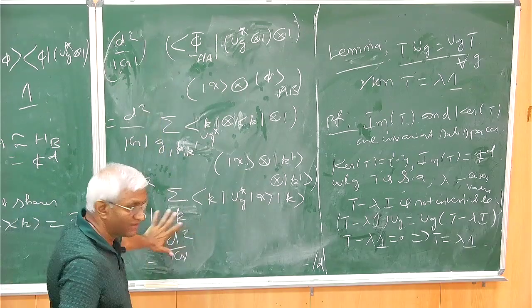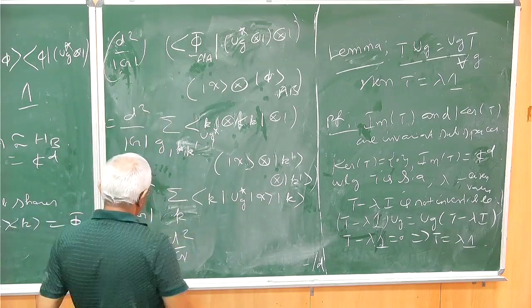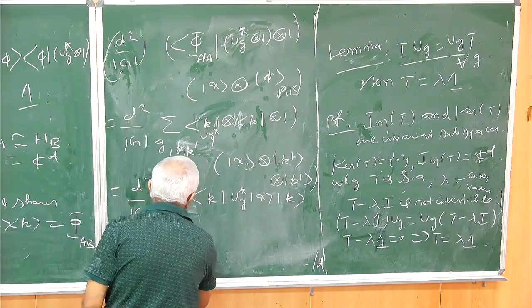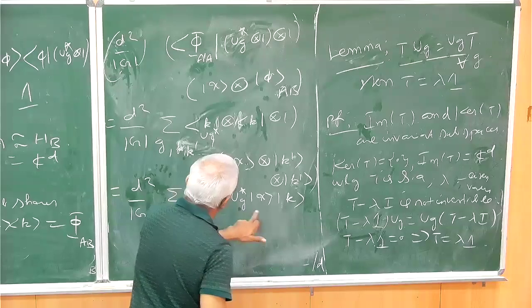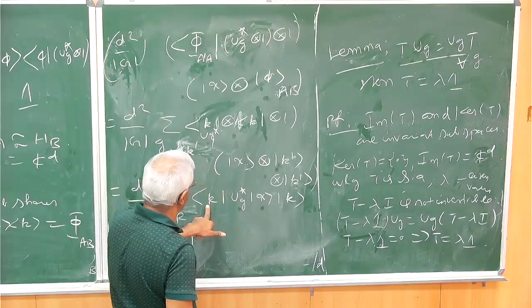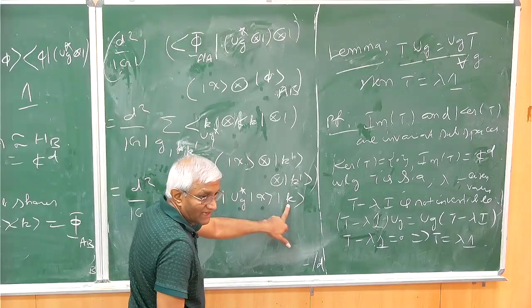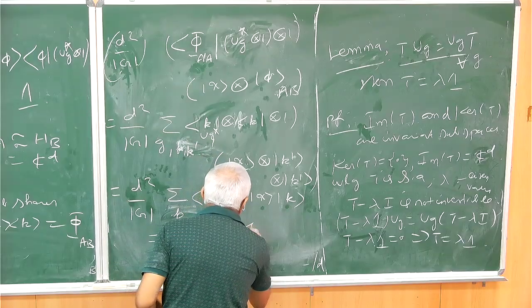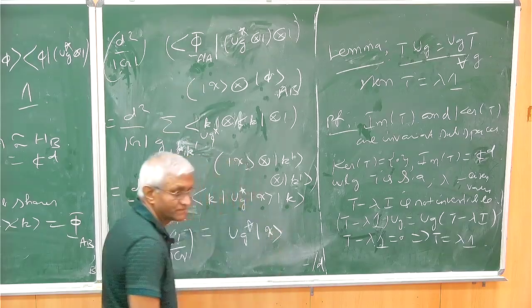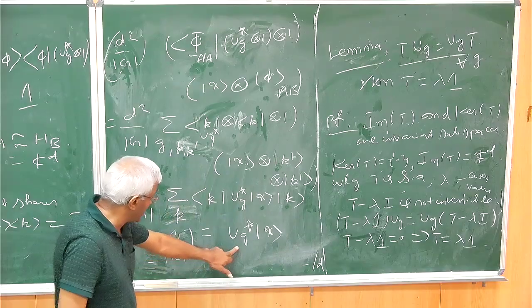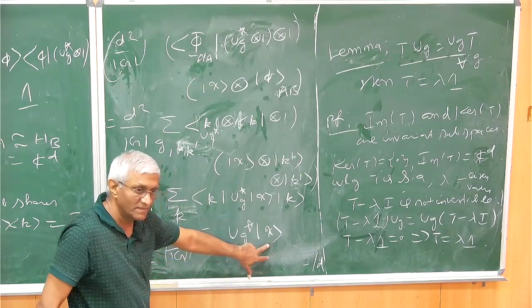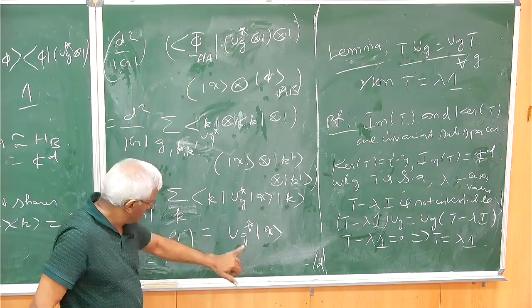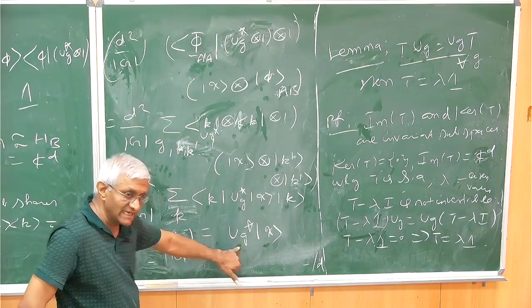We are only calculating this state. This will be 1 by g only, whatever. This will be some scalar. What you have is UG star chi. You take the inner product with k, and finally I will get UG star chi only, some scalar times this. The collapsed state will be UG star chi. So the value Alice gets is G.